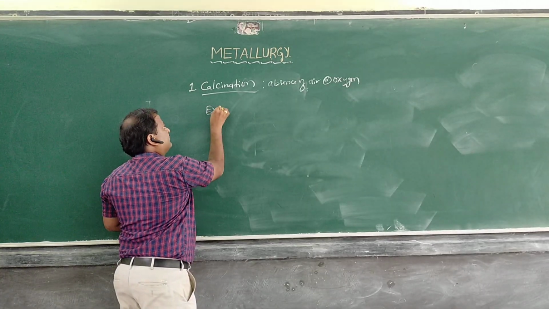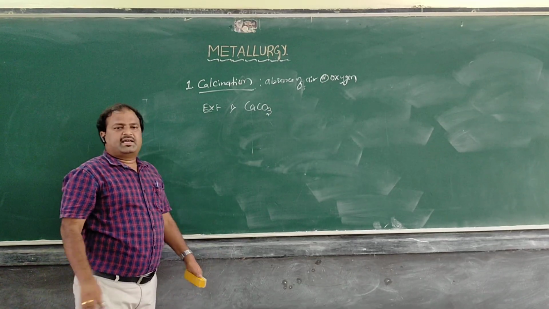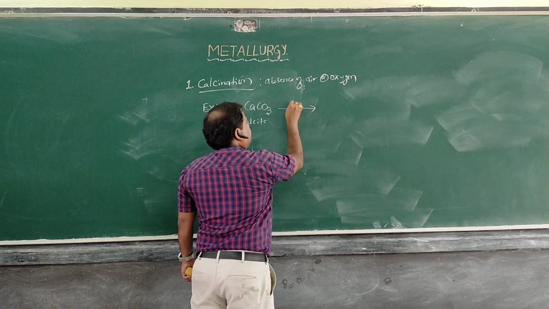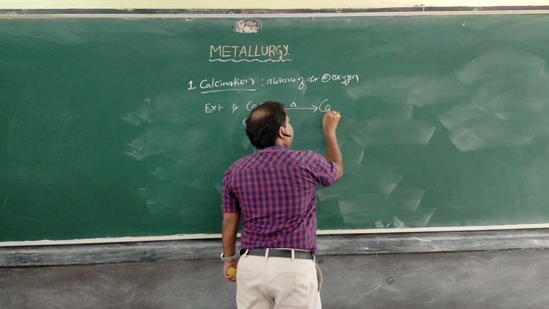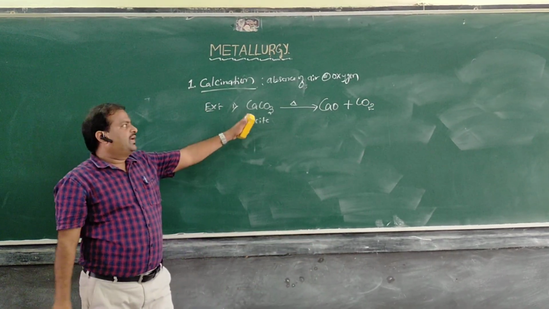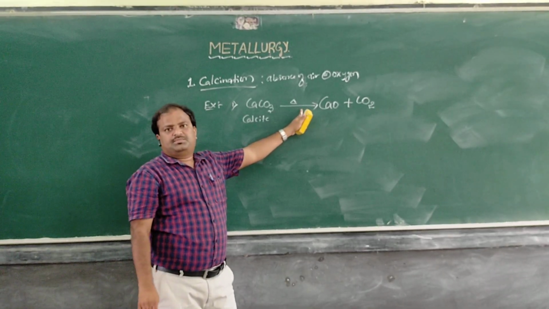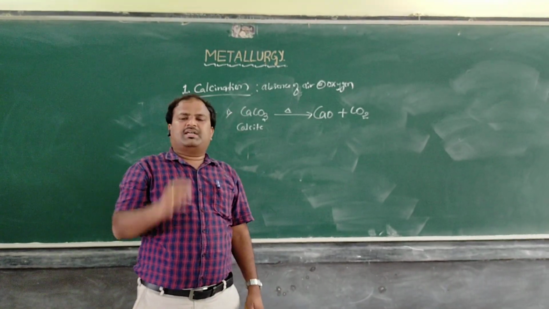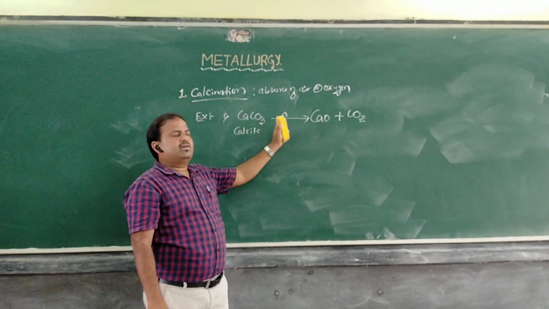Example, calcium carbonate, that is calcite, undergoes calcination to give calcium oxide and carbon dioxide. So calcium carbonate undergoes decomposition. This is thermal decomposition: the compound is heated to high temperature, then it breaks down into two or more products.